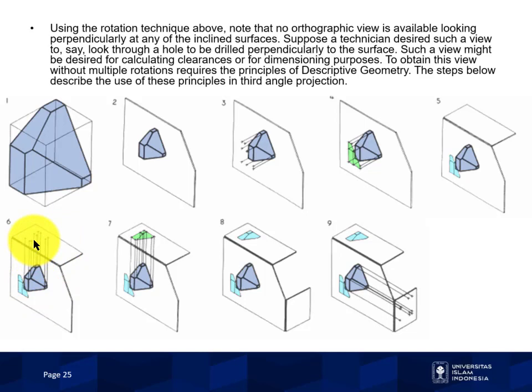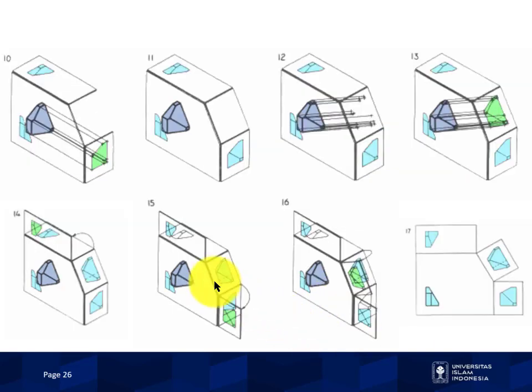Figure 7, an image is created thereby. Figure 8, the third plane of projection is added here, perpendicular to the previous two. Figure 9, projectors emanate parallel from all points of the object perpendicular to the third plane of projection. And then figure 10, an image is created thereby here.